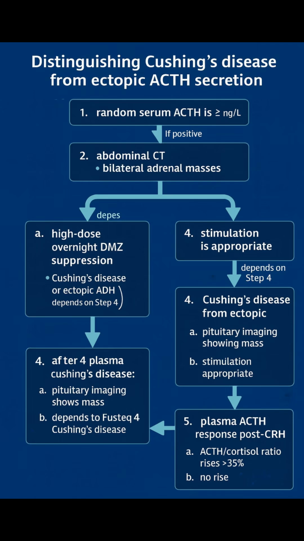After this, we come to the metyrapone test. It is usually performed on an inpatient basis. What we do is we give 750 milligrams of metyrapone, which will again, just like dexamethasone, suppress cortisol synthesis. You can give it every 4 hours.